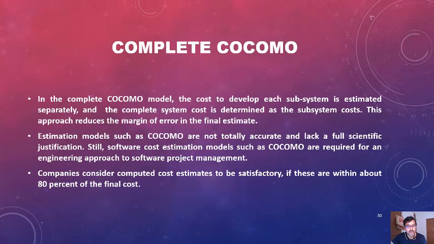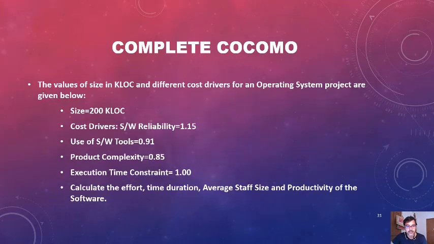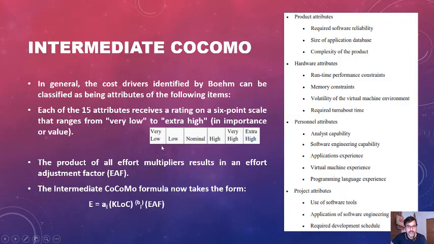The first one is required software reliability, which is a product attribute. The value is 1.15.